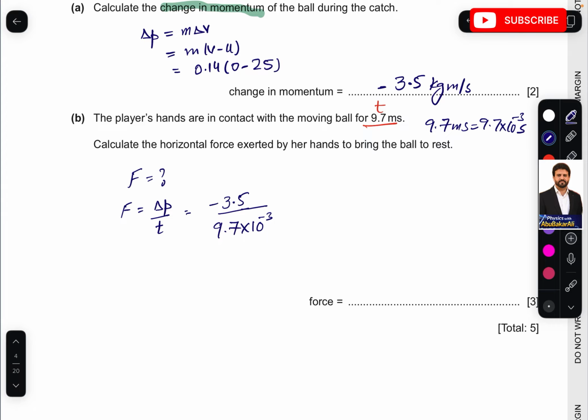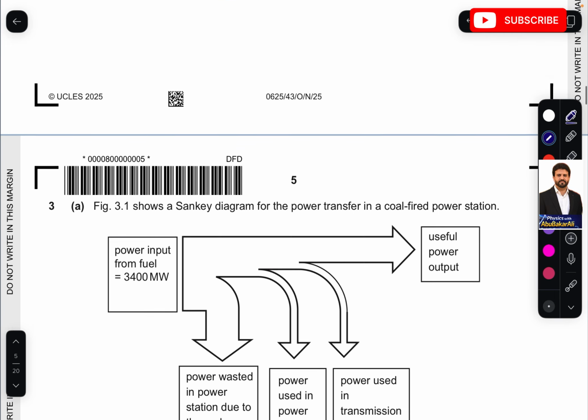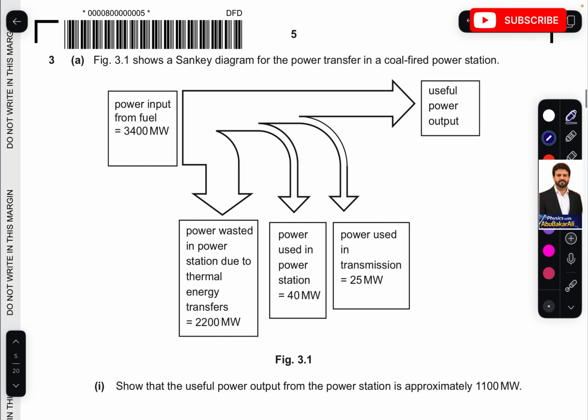When you do the calculation, you will get 360.82. That can be written as 360. Write down the units with it: Newton.